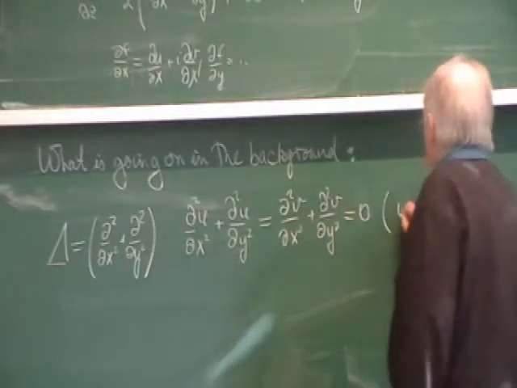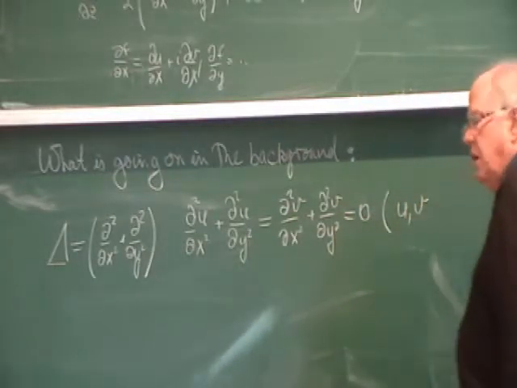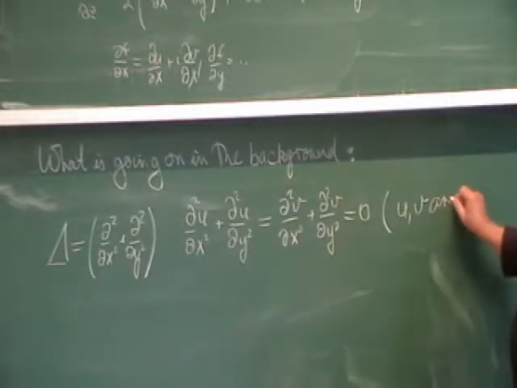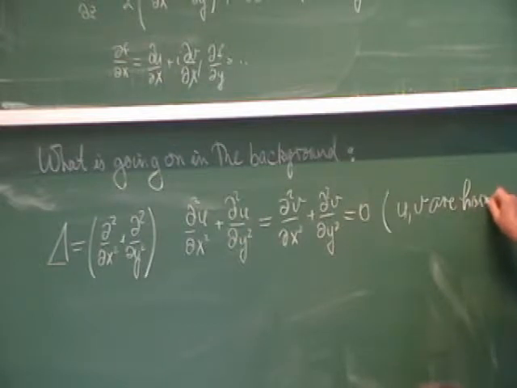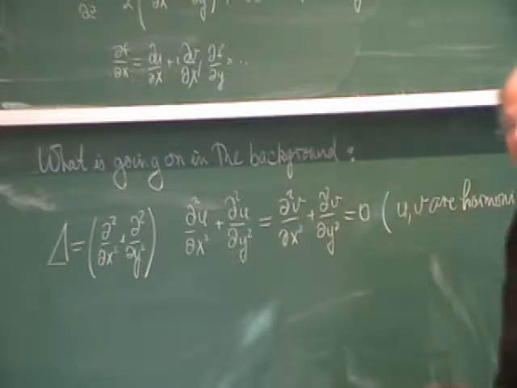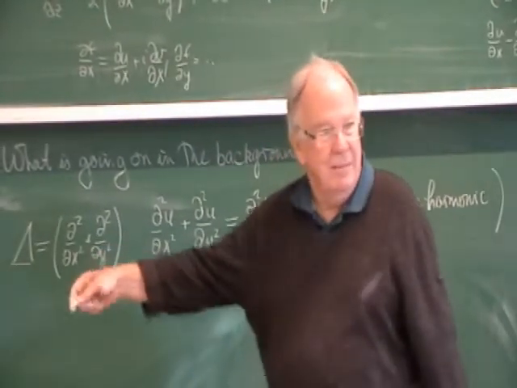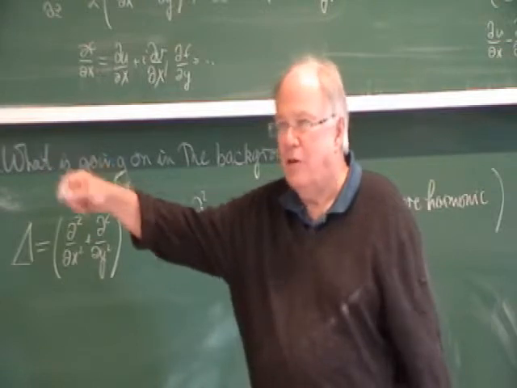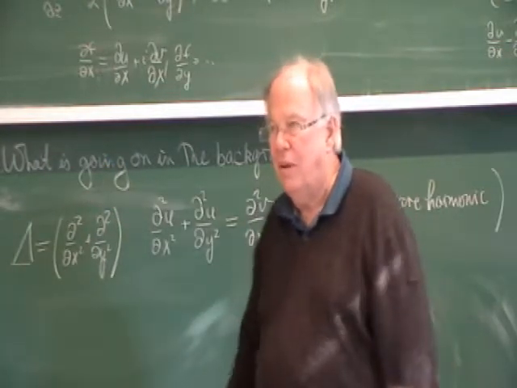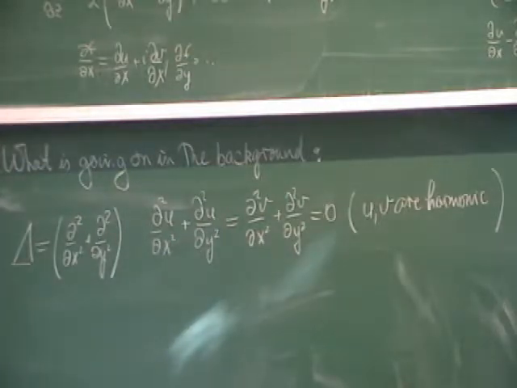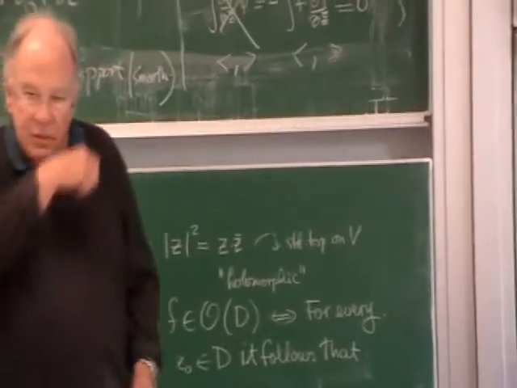So u and v are what are called harmonic functions. I'm not allowed to do that yet because I'm not allowed to take second derivatives, but I will prove this regularity theorem. And what was really asked about, that is the elliptic regularity in the background here, is for the Laplacian. Okay.